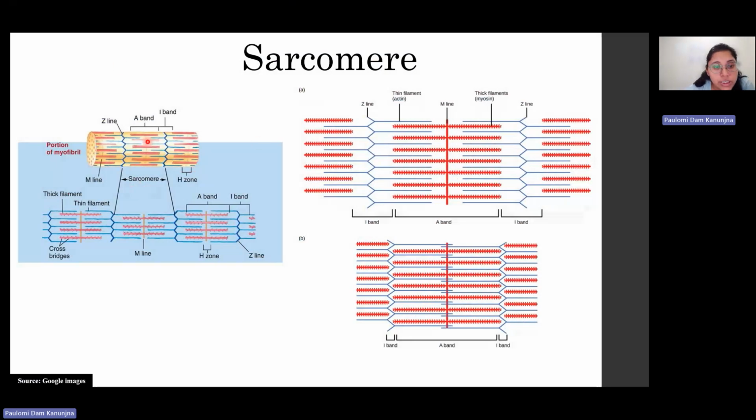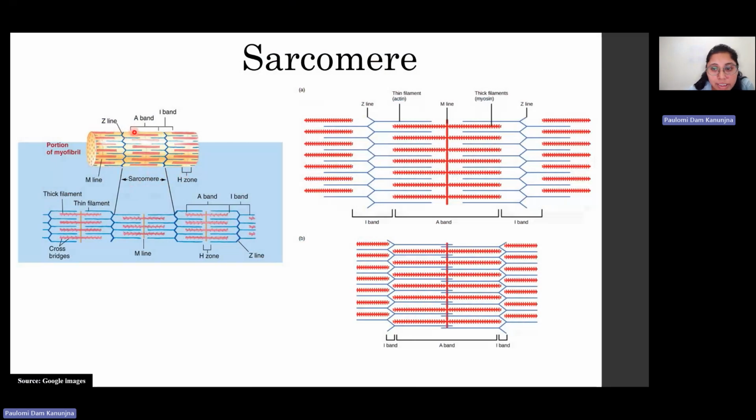Okay. So see here, these lines which are present here are called the Z line. Then you have these interspersed here, one line running here and one line running here. The blue ones are the thin filaments. Thin filaments are the actin, right?